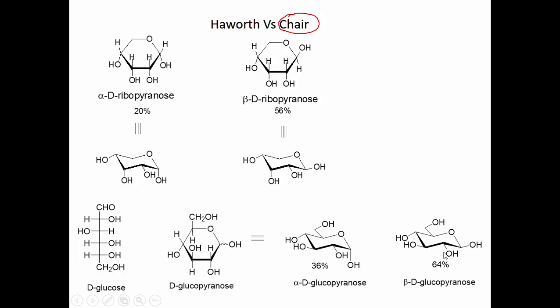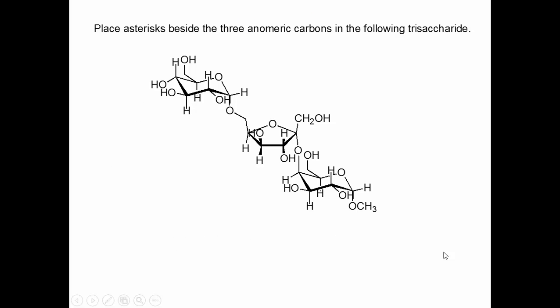Okay, so let's just end this video with one exercise. We're going to place asterisks beside the three anomeric carbons in this molecule here, which is a trisaccharide. And what are we looking for when we're looking for the anomeric carbon? We're looking to find one unique sp3 carbon that has two oxygens.